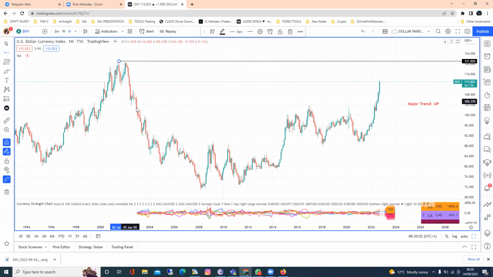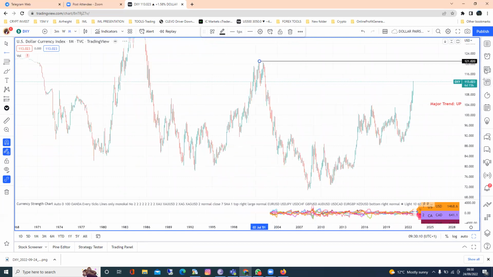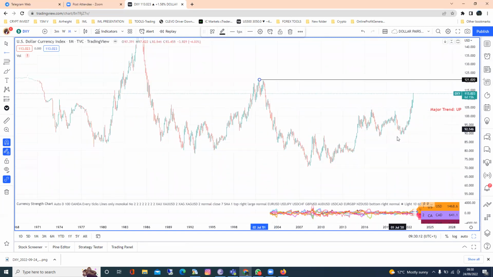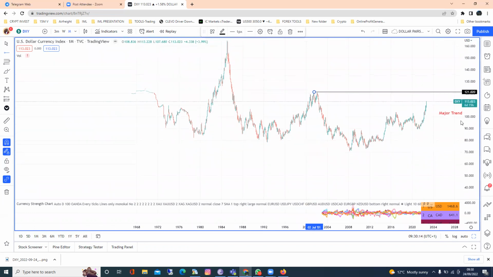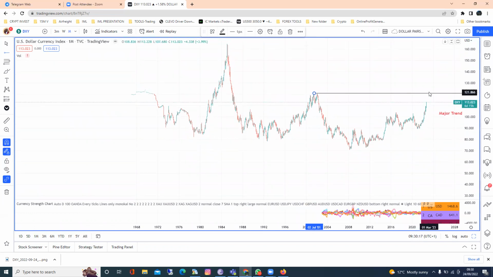Because this has been moving significantly upward, we expect that if price gets here, we might see a sell-off or a continuation. There's no doubt about that. We can see that price will get here and then have a little bit of a shake and then probably sell off a little bit before continuing.